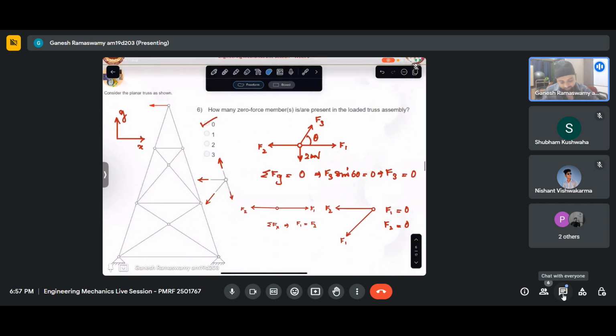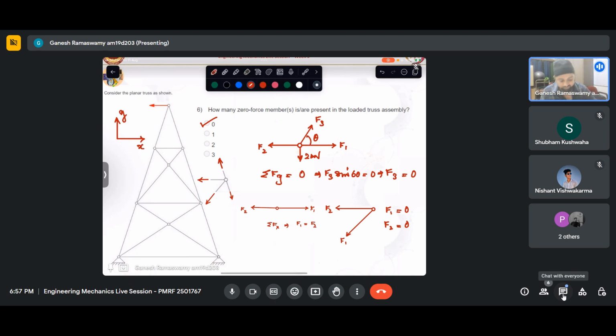Now let us say by the discussion that we just had that we have found out these two forces like that. So that would mean that next I can use this joint, cut that joint, but here again I have three unknown forces in addition to the force that we have just found, and I have only two equilibrium equations. So it will not be possible for me to analyze this using the equations of statics alone.